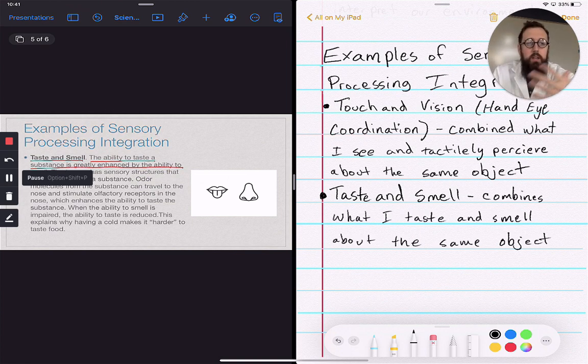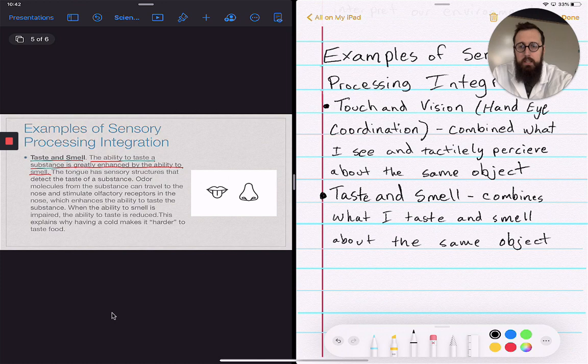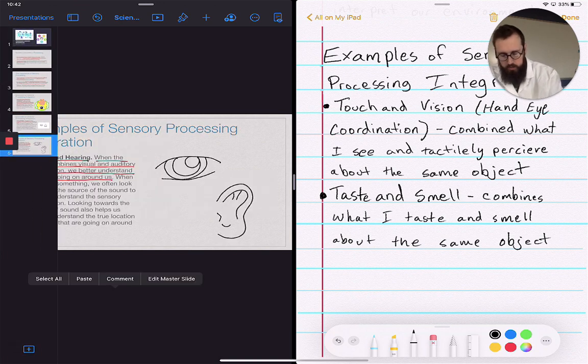So taste and smell combines what I taste and smell about the same object. If you want to write out that your taste is greatly enhanced by your ability to smell, you can add that also. All right, let's go ahead and look at our last one.